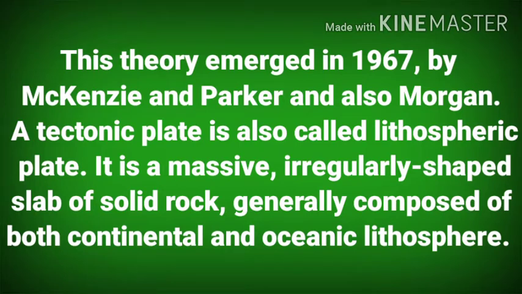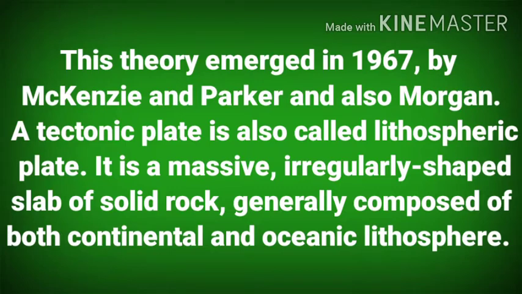Plate tectonics is the theory that Earth's outer shell is divided into several plates that glide over the mantle, the rocky inner layer above the core. The theory of plate tectonics was introduced by McKenzie, Parker and Morgan in 1967.